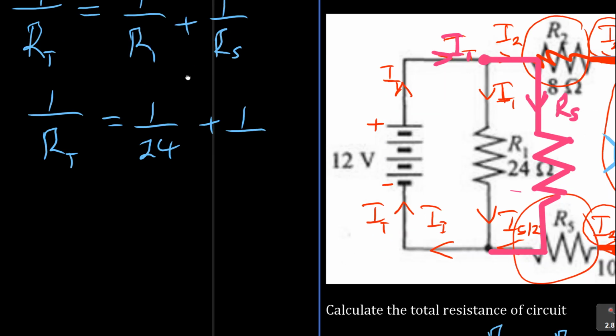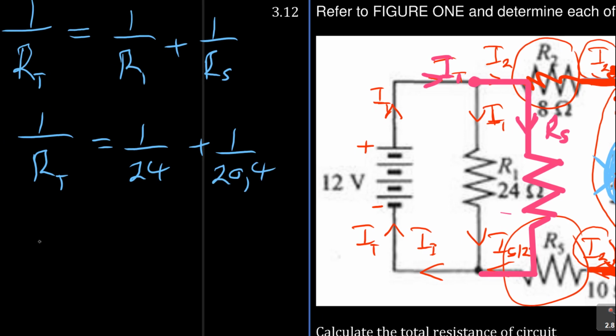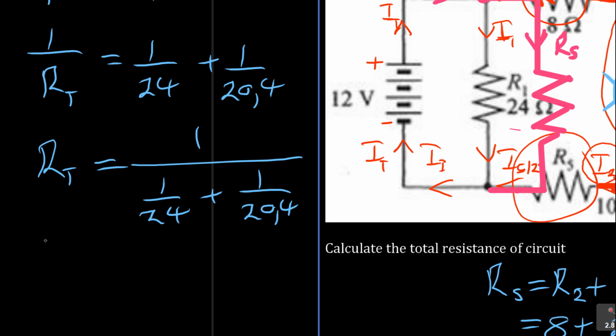What did it give us? It gave us 20,4. I'm saying that. Then from there, I told you, you say RT equal to, you say 1 over, then it's 1 over 24 plus 1 over 20,4. You see, that's how you do it, so that you don't make errors, but you must write it as RT.